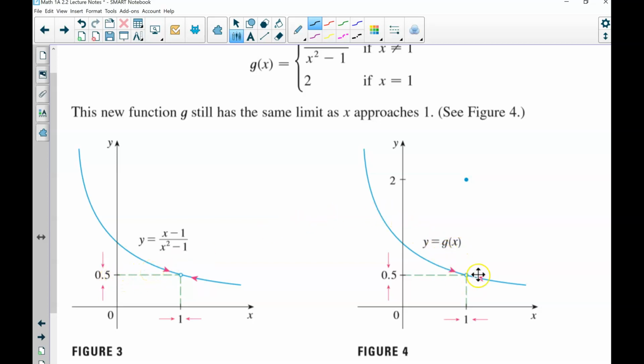Now if we look at the second piece, you can see here that we have this ordered pair that represents (1, 2), and again, that's from the second piece of that function. So still, as x approaches 1 from the right and from the left, we see that the limit is still 0.5.